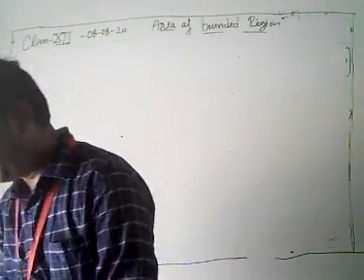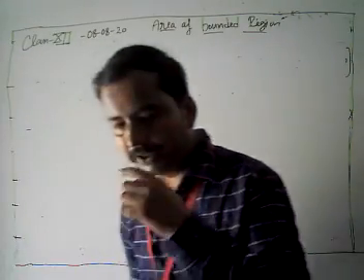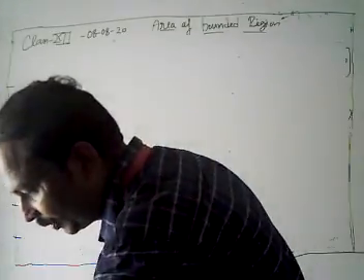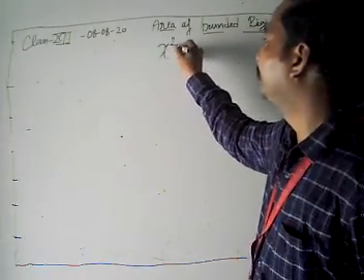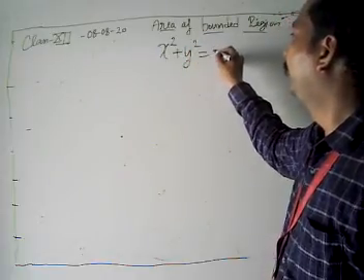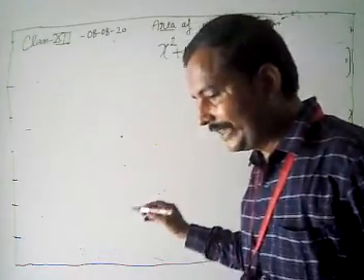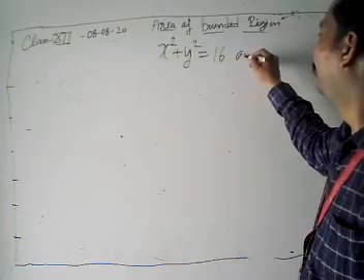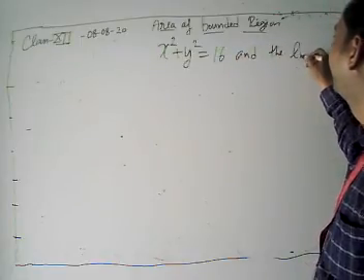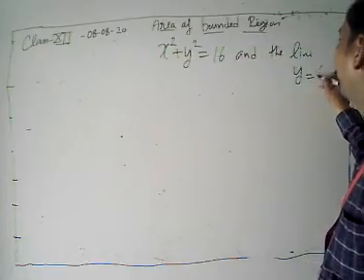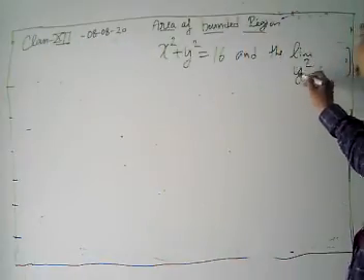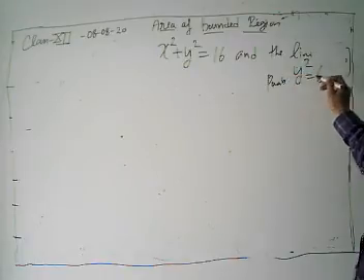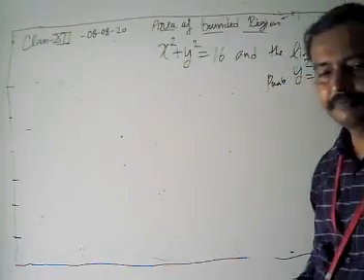Now look, in the next problem, find the area of the region common to the circle x square plus y square equal to 16 and the parabola y square equal to 6x.